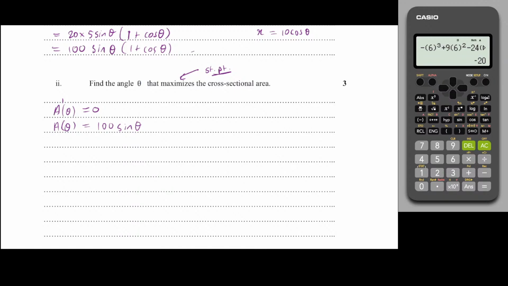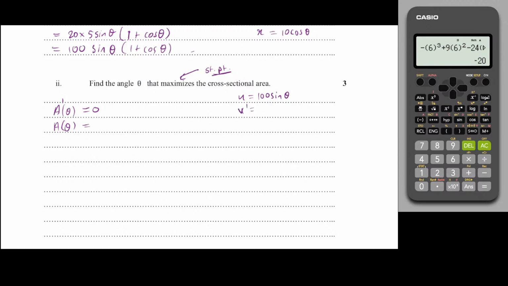Do I want to expand that? No, I think I'm going to do product rule. So u is equal to 100 sine theta.